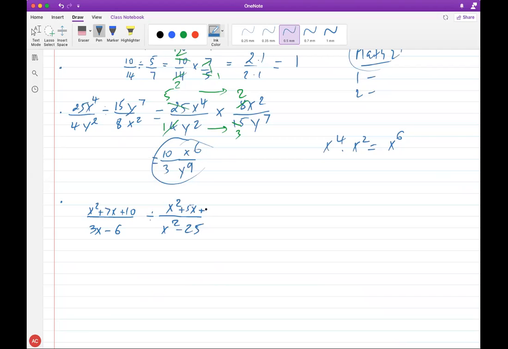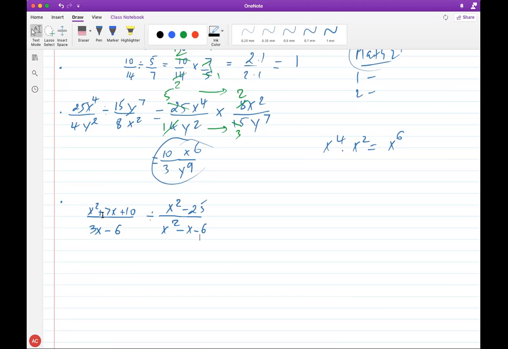And plus, so to make this right, let me flip these. Okay, that will be divided by, over here, maybe x minus, let's say 6. Like this.